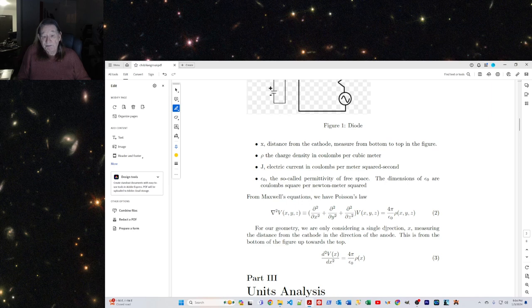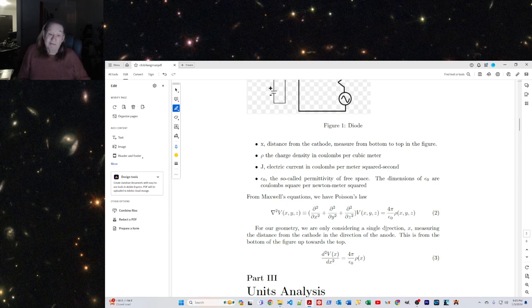the anode. So that simplifies Poisson's law, and we get equation 3, the second derivative of the voltage or potential with respect to position is equal to 4 pi over epsilon naught times rho, the charge density.